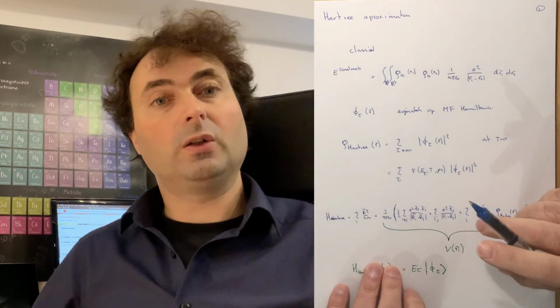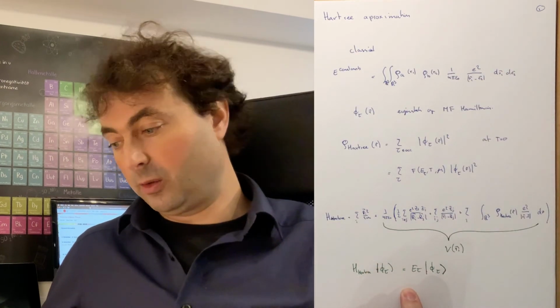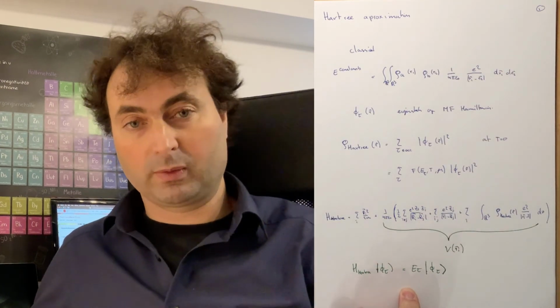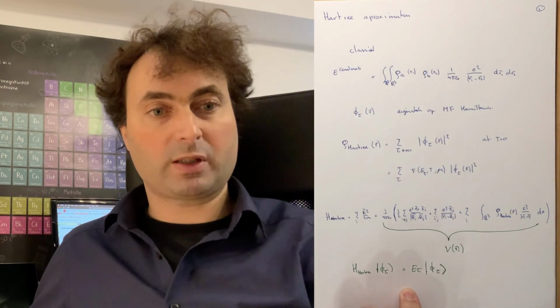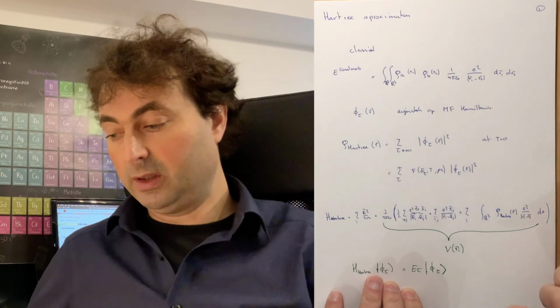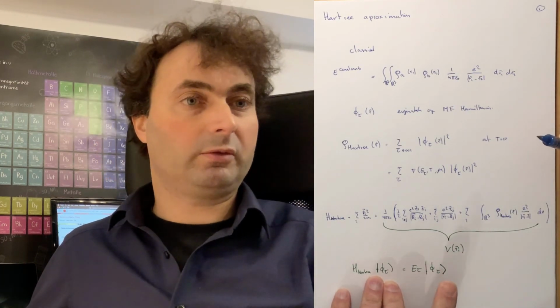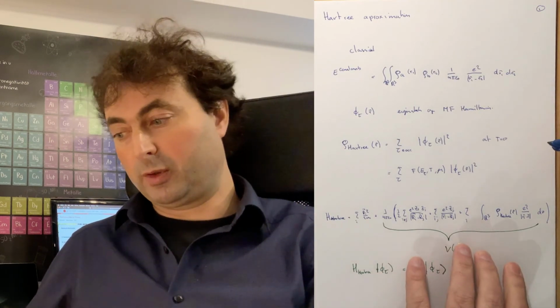So in the next video we will show that this derivation and procedure, although physically reasonable, is actually violating the Pauli principle by looking at a variational derivation of this Hartree Hamiltonian. And then in the video afterwards we will correct that in the Hartree-Fock approximation.